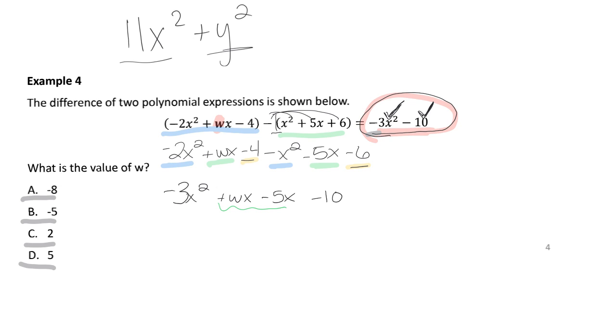But if I simplify this right here, I would get a trinomial. So that tells me that these two terms in this middle have to cancel out or have to be equal to 0.